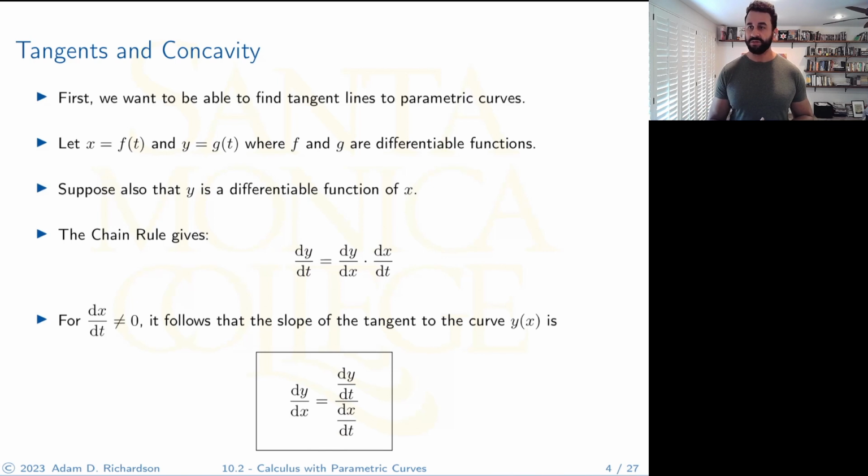We're going to make another supposition here, and this is a subtle thing, but it is necessary for what we talk about in this section. We're also going to assume that y is a differentiable function of x. So we're assuming that each of these are differentiable functions of t, and that this is also a differentiable function of x.